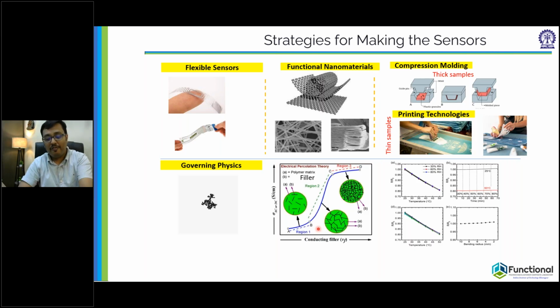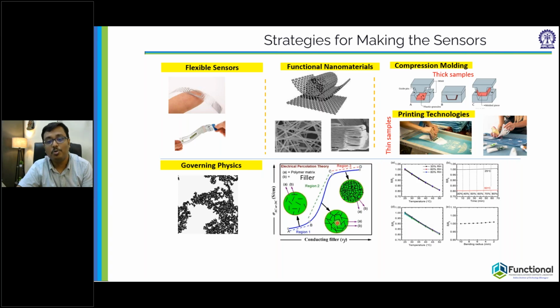Now let's say you are disturbing the material, like you are stretching the material in this particular way. If you do so, the network structures that were established are going to break in parallel, because if you are pulling the rubber sample like this, you are disturbing the network structure which is under static condition.